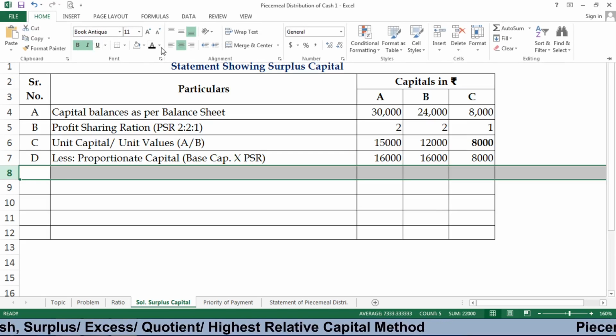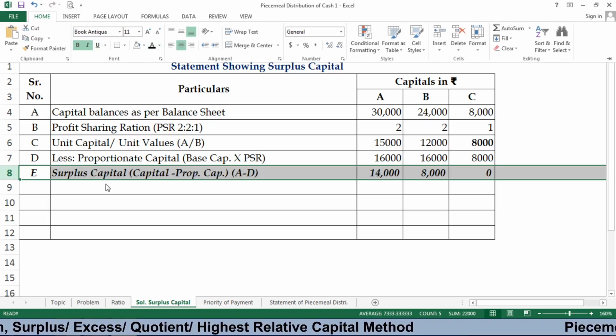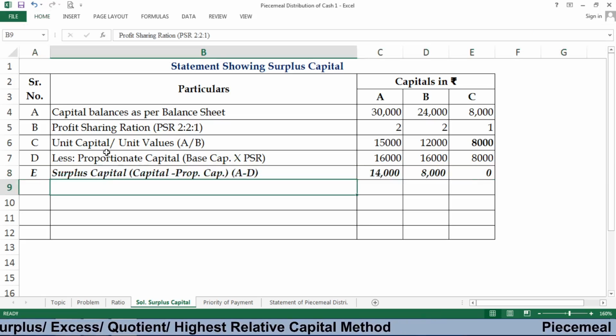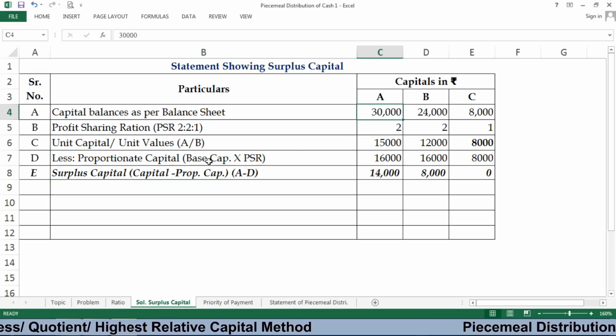After getting proportionate capital, we will see the surplus. Surplus means what? The capital minus proportionate capital. Here we can see A row minus D row. It comes as a surplus capital, that is capital minus proportionate capital. So capital is 30,000 and proportionate capital is 16,000.